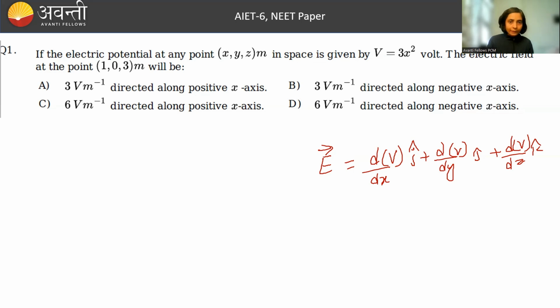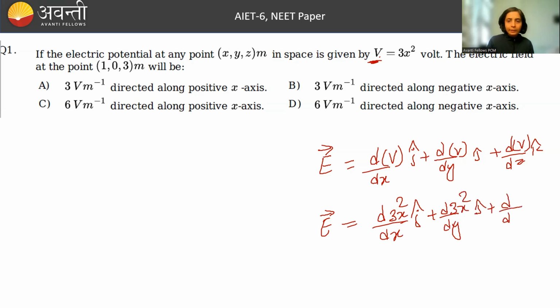Okay, so now let's calculate the electric field value. V is given as a function of the x coordinate, that is V equals 3x squared. So if you put the value of V here, that is 3x squared i cap plus d by dy of 3x squared j cap plus d by dz of 3x squared k cap.